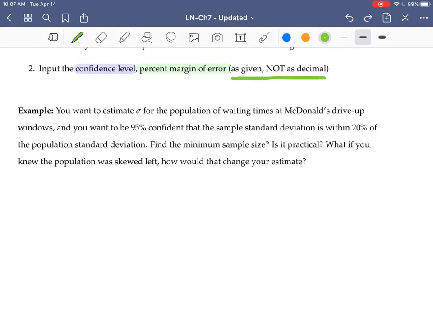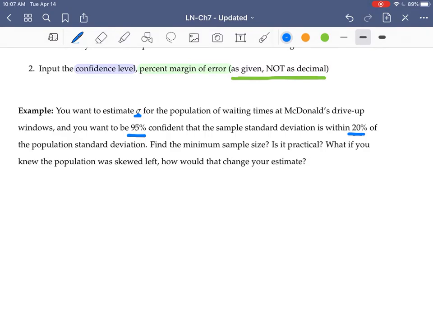All right, so let's take a look at an example. You want to estimate sigma, the population standard deviation, for the population of waiting times at McDonald's drive-up windows, and you want to be 95% confident that the sample standard deviation is within 20% of the population standard deviation. Right?